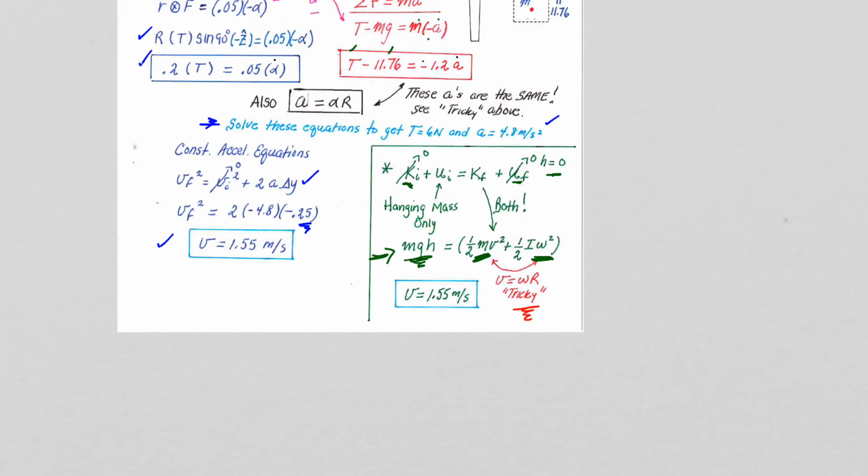So we can relate the V and the omega since that trick of the tangential motion on the rim of the wheel and the tangential motion of the block is the same. The V tangential and the omega will now match up. And when you plug in your numbers, this is all you need. We have everything we need to get V final equals 1.55.